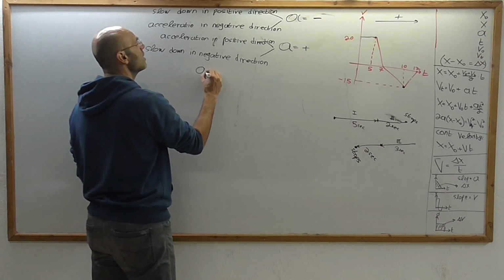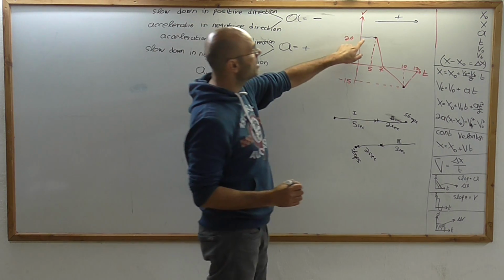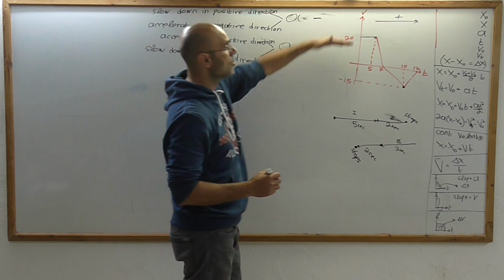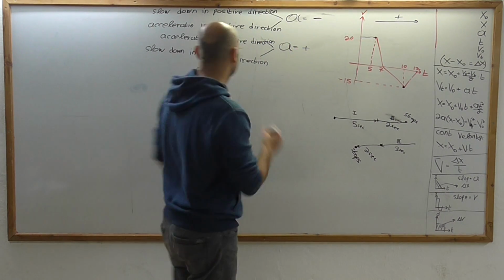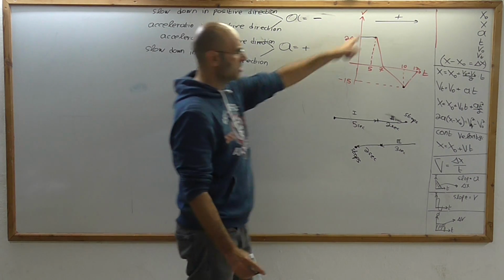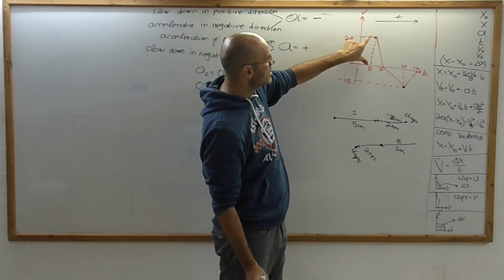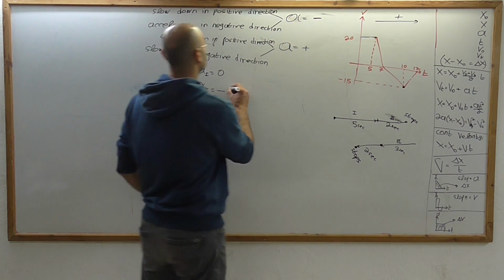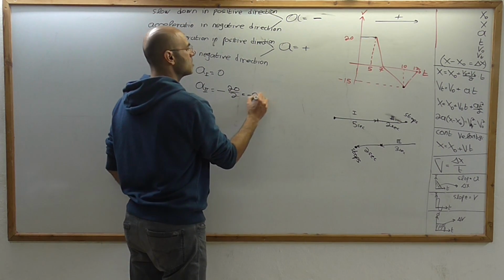So the slope in the first part is 0. It means constant velocity, which we know. A in the second part obviously is minus because the line goes this way, and we say vertical over horizontal, 20 over 2, which is minus 2.